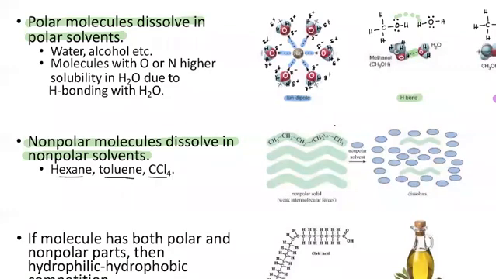So hexane, toluene, or carbon tetrachloride are going to be examples of nonpolar solvents. And depending on what we're mixing, they could be examples of solvent and solutes because they're substances. Let me just call it nonpolar molecules. That would be more appropriate.